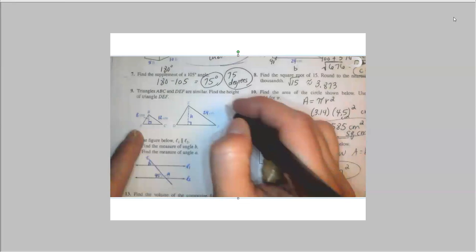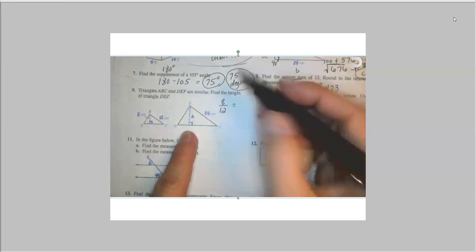I'm gonna take height over side, so 8 over 12, and set the second one up as height over side, using those corresponding measures. Height over side equals height over side. Because corresponding side lengths are proportional, I can do that.